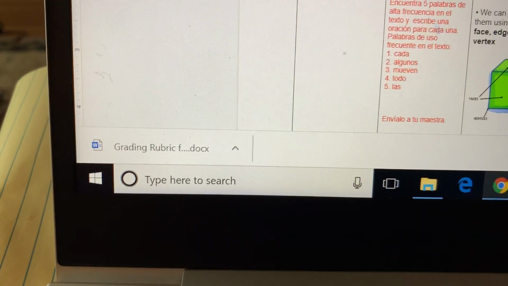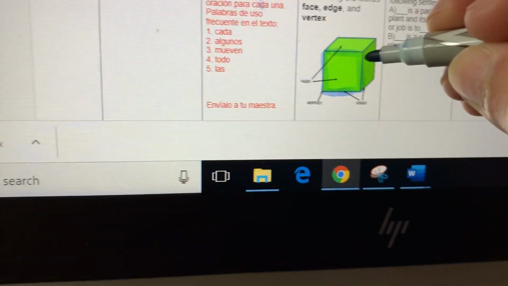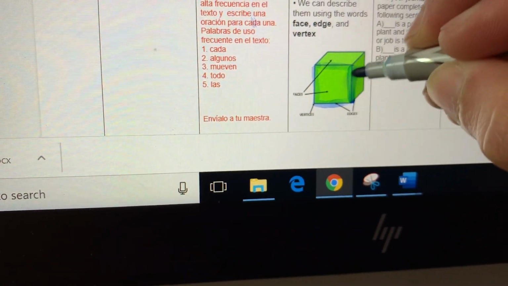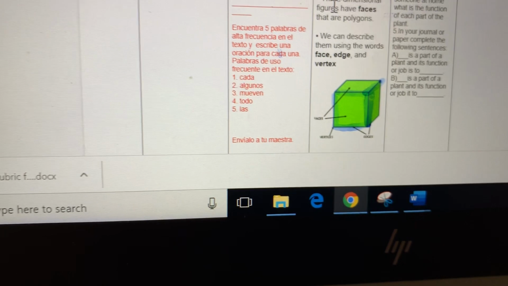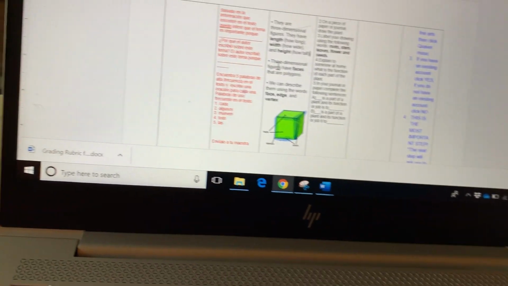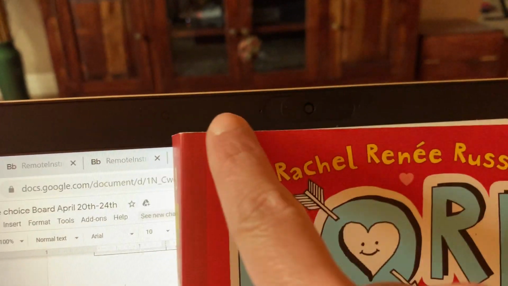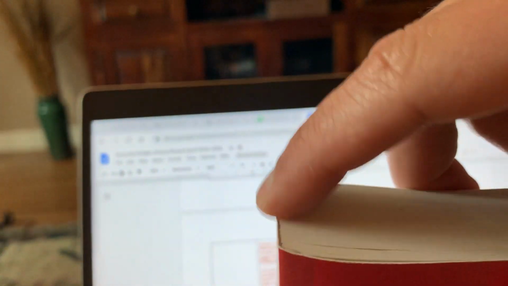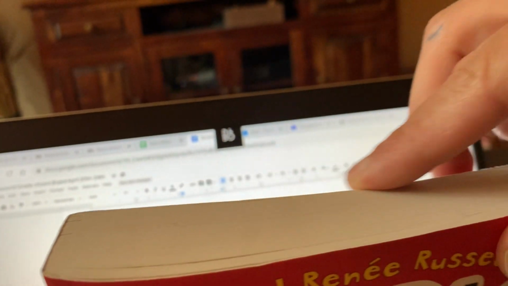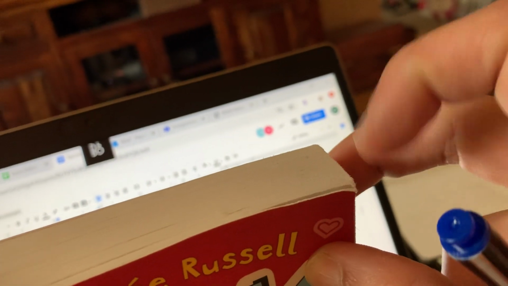We have edges, sorry. This is an edge. This is an edge, okay? There's lots of edges. So on my real life example, here is an edge, okay? Look, here is another edge. Here is another edge to the book. And here is another edge to the book.